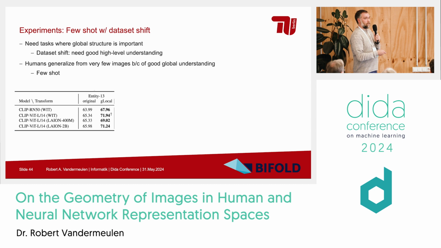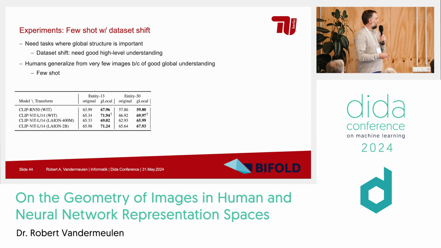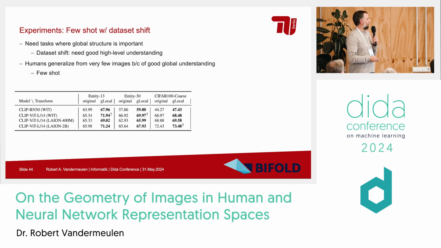And we can see that the global loss improves things quite a bit, 6% more accuracy here. Entity 30, which is another BREEDS dataset. Global is doing the best again. CIFAR 100 coarse, so this is using the coarse CIFAR 100 classes.